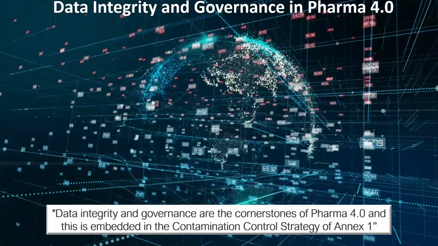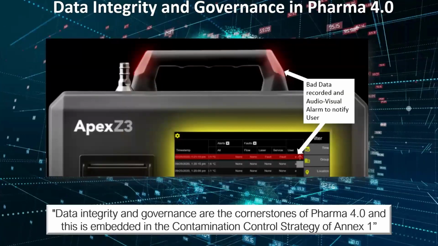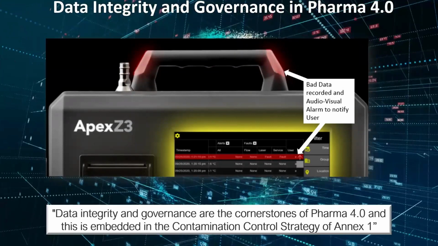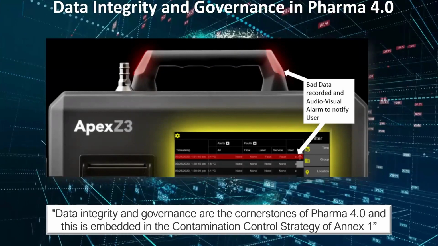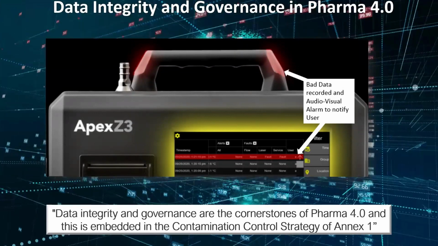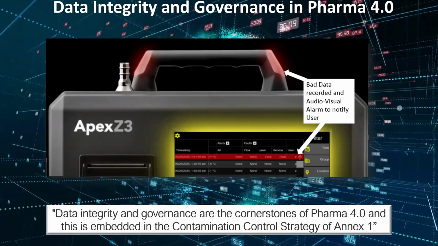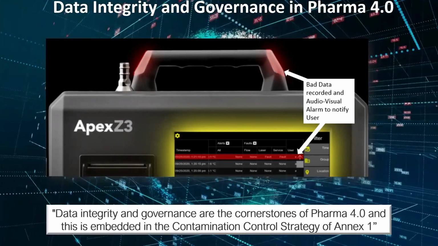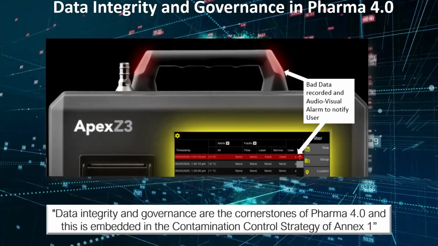For example, how do they validate bad data? Does the actual particle counter have the ability to pick up any bad data? Well, some of them do. Some of the technologies have a lot of dynamic sensors inside that can pick up the possibility when a device is picking up bad data and acknowledge that it's bad data. And that will tell the user, listen, there's something going wrong with this sensor.